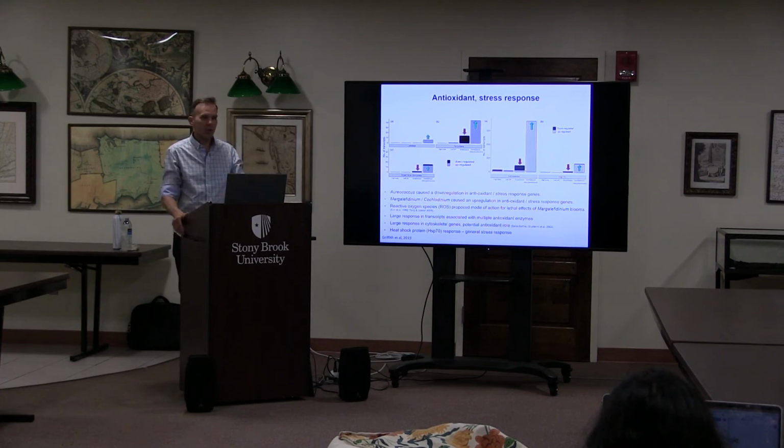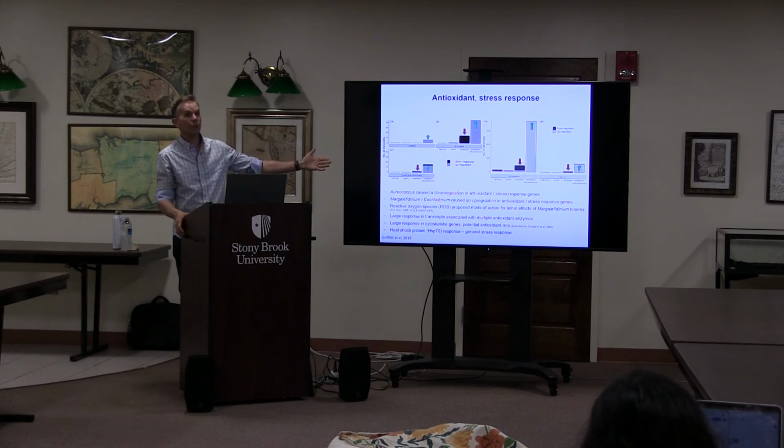In a highly oxidating environment, you can protect yourself by making these enzymes. We know that one of the reasons Margalefidinium is toxic is that it makes reactive oxygen species, so affirming that, the scallops exposed to it are pumping out these antioxidants to protect themselves.